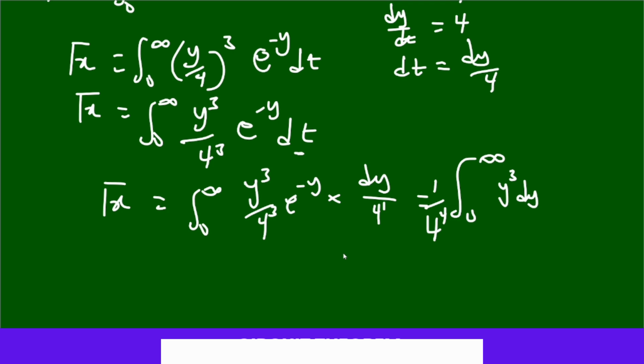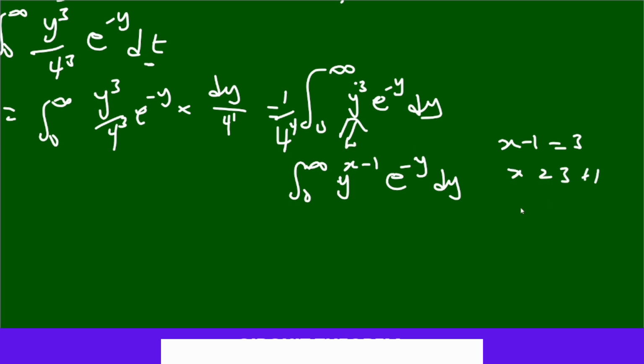Okay, so we are to evaluate y cubed e to the power of minus 1 y dy. At this point in time, all we need to do is to compare to the general formula. The general formula is given by the integral from 0 to infinity.